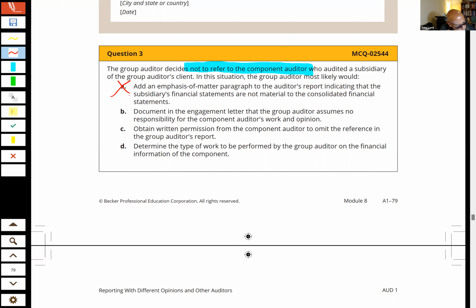Let me double check that. What is other matters? Was it listed as a reason for other matters? No, I can't remember. Hang on one second, we could look that up. Other matters.